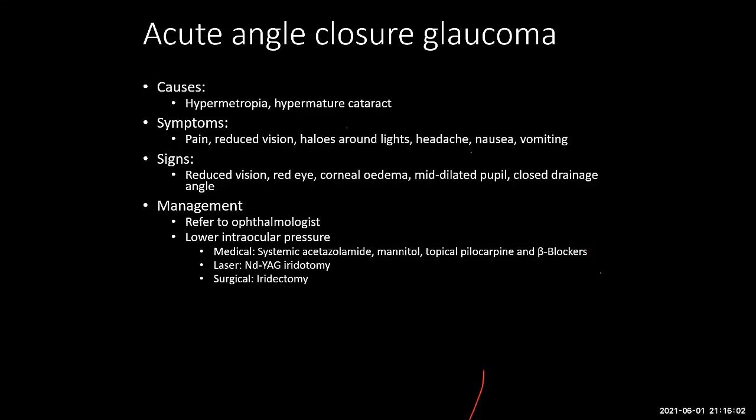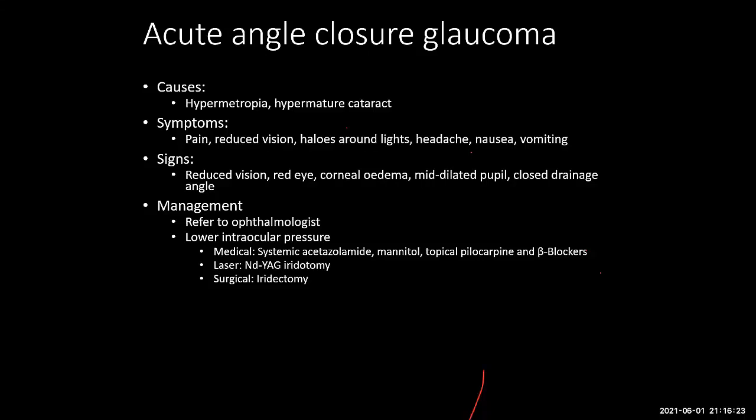And signs would be reduced vision, red eye, corneal edema, mid-dilated pupil. Their pupil is mid-dilated, not constricted, not very much dilated. So remember that sign as well. And closed angle.